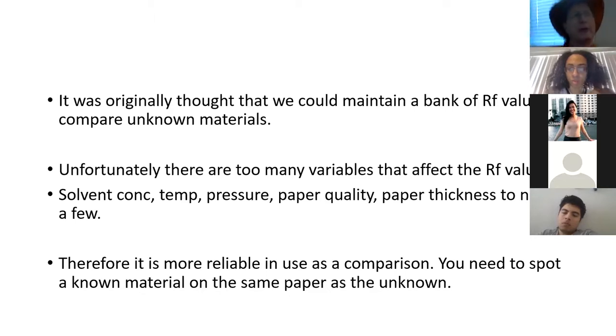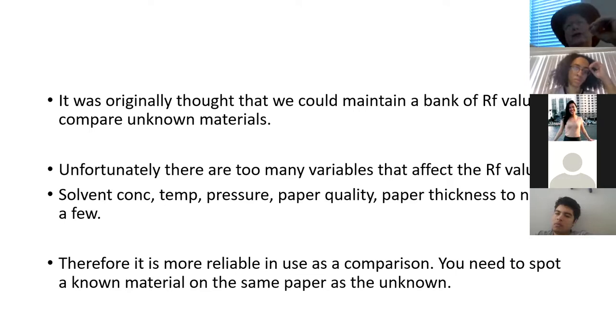Now, basically what happened was it was originally thought, well, all I have to do is measure all these RFs and I can create this huge table where all I have to do is note what my solvent is and note the RF, and I can look and find and identify my unknown.